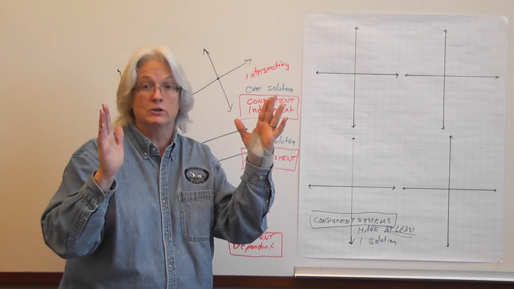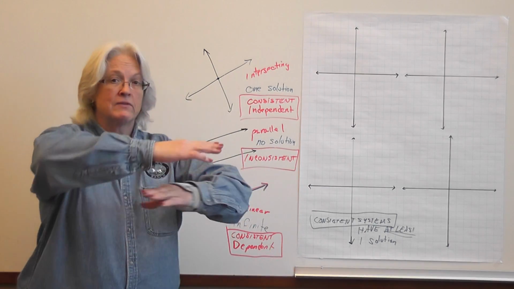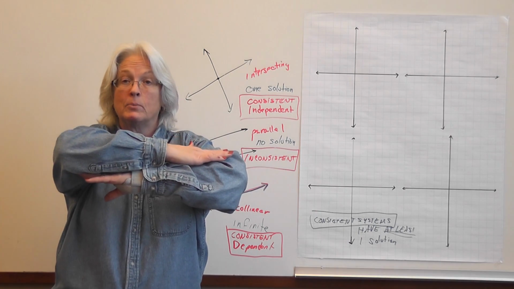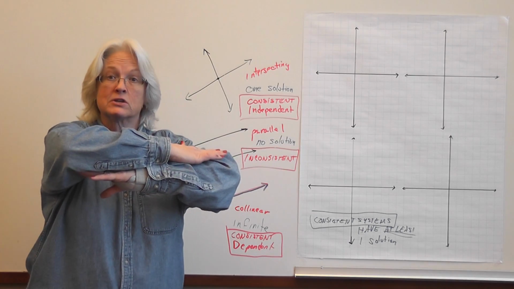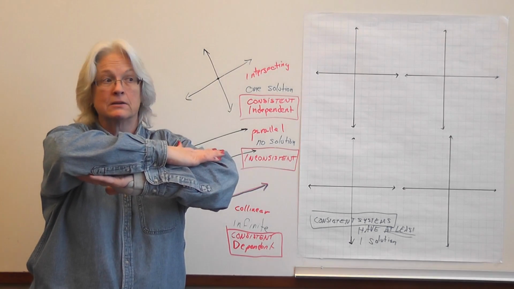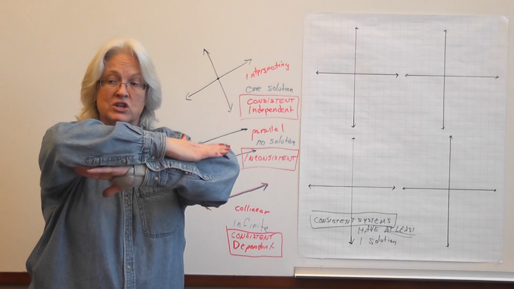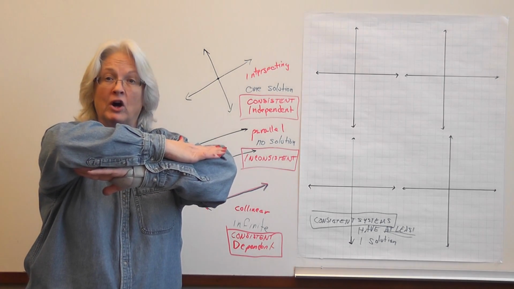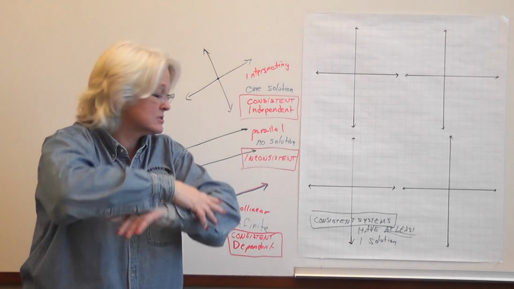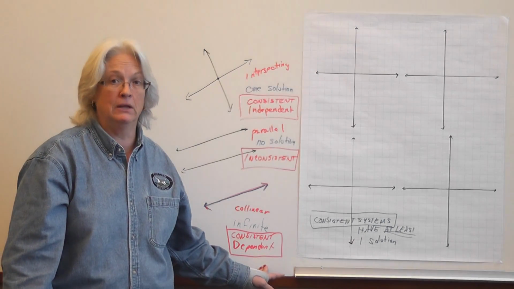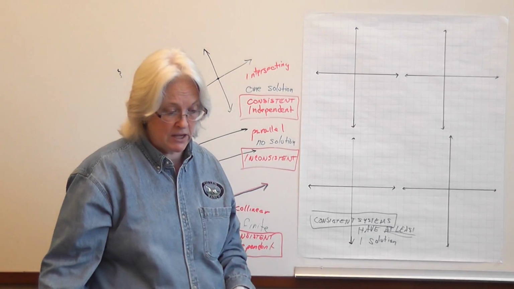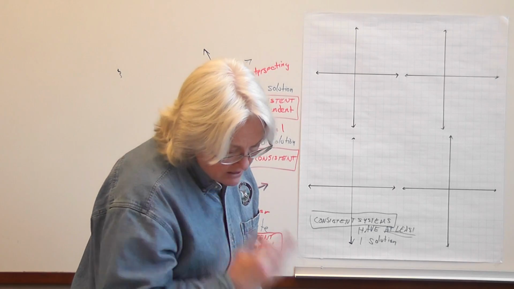There is no solution. And finally, you can have lines that lie one right on top of another. They're called consistent because they touch every place. They meet everywhere. There are an infinite number of solutions. They're called dependent.